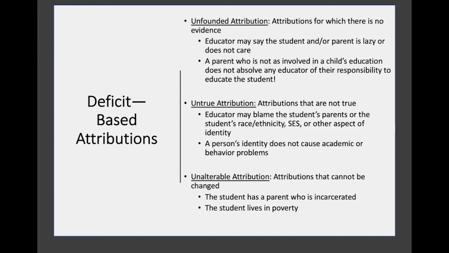There's something going on with how Black students are being educated, with how we're interacting and engaging with our Black students. There's something going on with the fact that our curriculum or our pedagogy or our management strategies are not responsive to, supportive of our Black students.